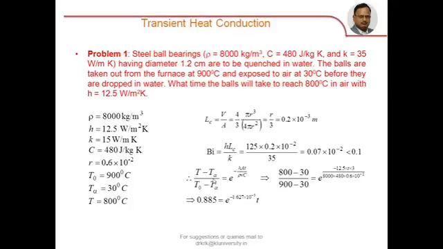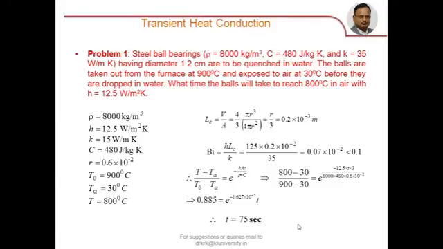So you can use the equation (T minus T infinity) by (T naught minus T infinity) equal to e power minus hAt by rho V c. h is 12.5, V by A is R by 3, that is 0.6 by 3 into 10 power minus 2, density 8000, specific heat 480 joules per kg Kelvin, and e power minus, (800 minus 30) by (900 minus 30).